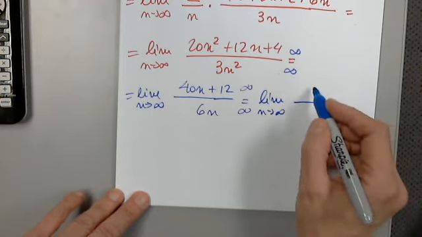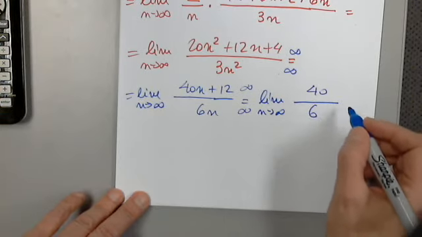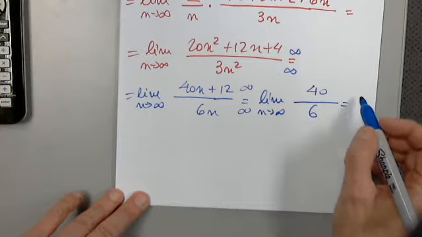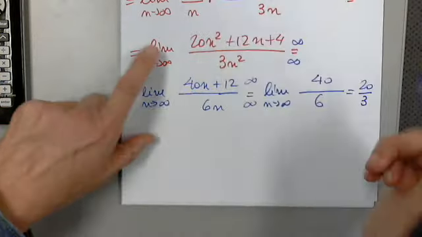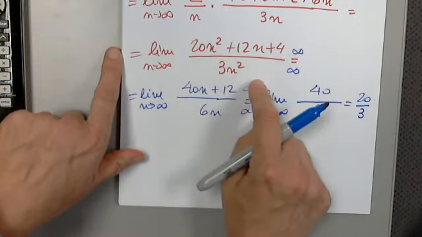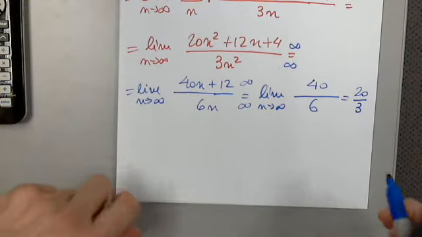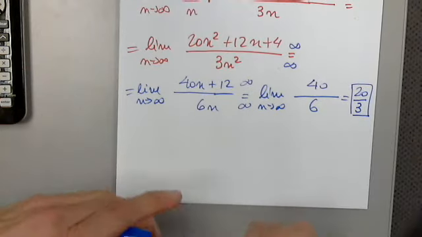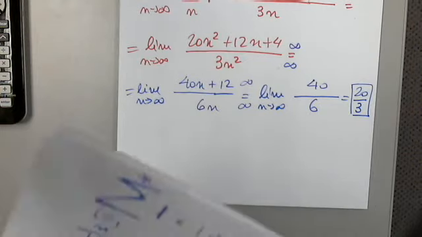The top is 20 and the bottom is 6, and the answer is. I was hoping you would say, okay, since these two have the same degree, it must be the leading coefficient over the leading coefficient, but that's okay. So 20 divided by 3 is approximately 7, is less than 7. It's approximately 7. Let's see what we got with our approximations.